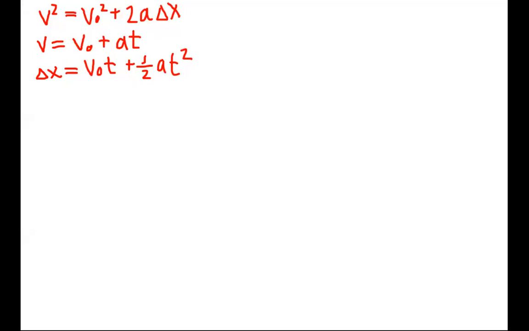They also have their angular kinematics counterparts to these equations, which are very similar.